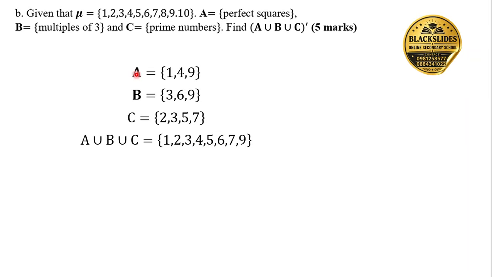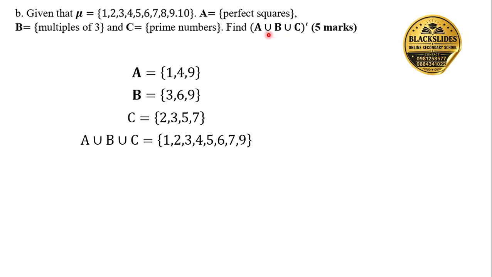So very quick one. Check just roughly: there's 1 here, there's 1 there, there's 2 there, there's 2 there, there's 3, there's 4, there's 5, there's 6, there's 7, there's 8. No, there's no 8 here.